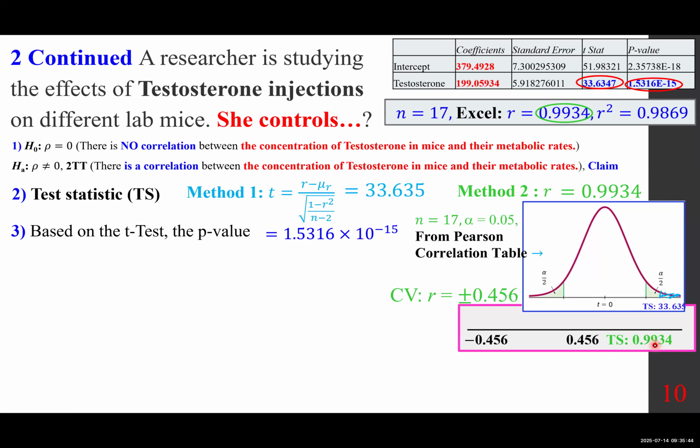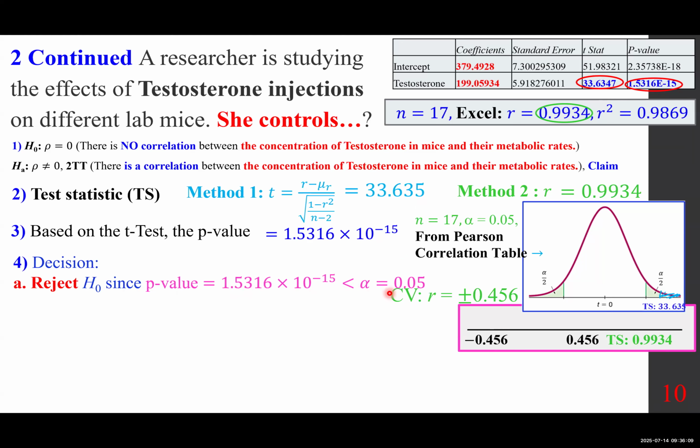So in both cases, whether we go with the t-test or the Pearson correlation table, same result, reject H0. That's the p-value, which is extremely small. So reject H0 since the p-value of 1.5316 times 10 to the power minus 15 is less than alpha equals 0.05.